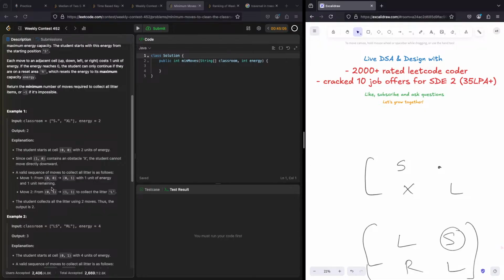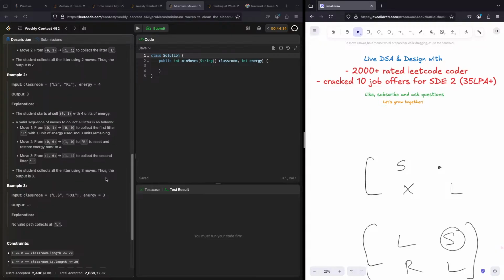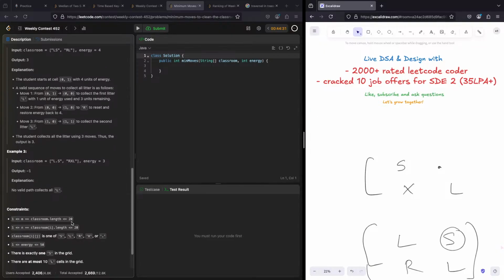And then at every point what you will have is whether that particular cell is visited or not. If it is visited, you can, and then you have your current energy, right? If it is R, you can get your energy restored, right? So again, it is 20.